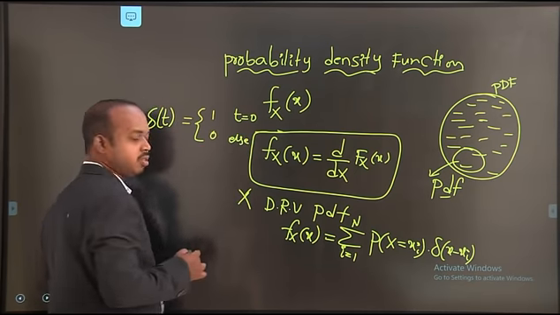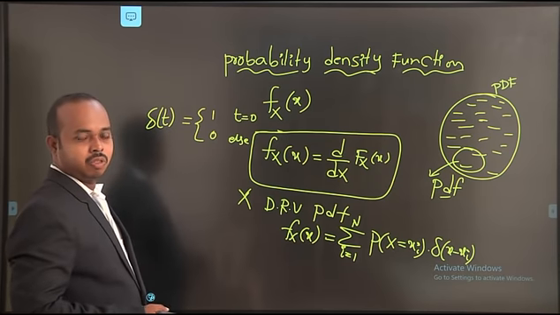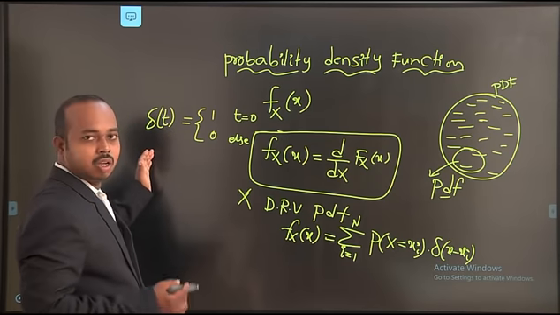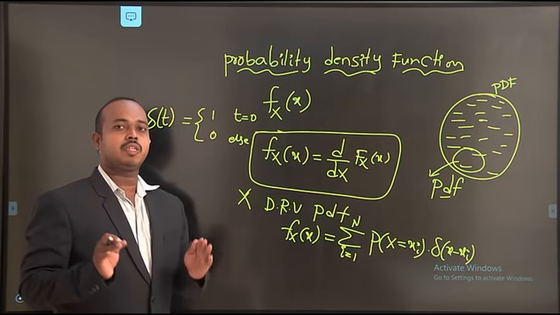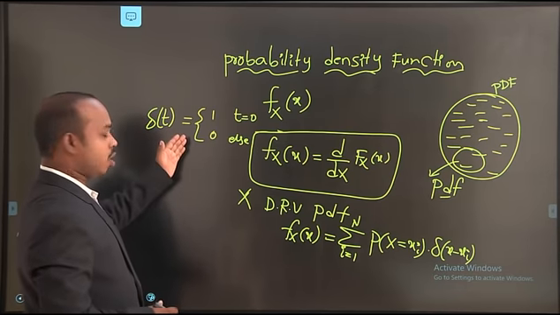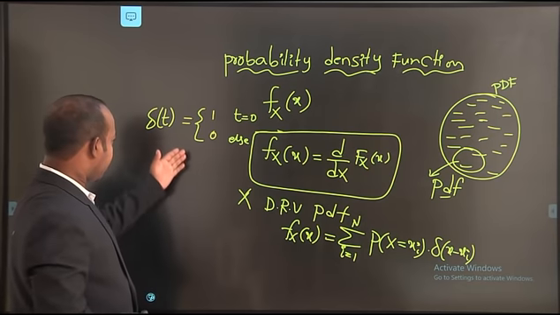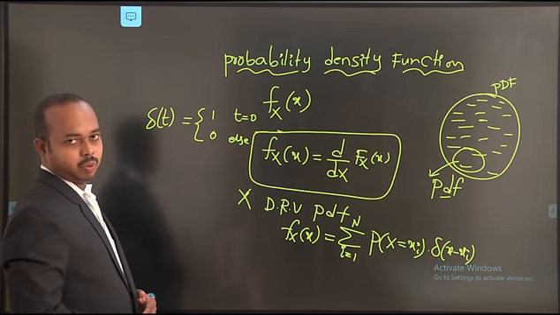Here I am taking a unit impulse, meaning its magnitude is 1. This is the fundamental definition of the unit impulse signal: the magnitude is 1 at t equals 0, and otherwise the value is 0.